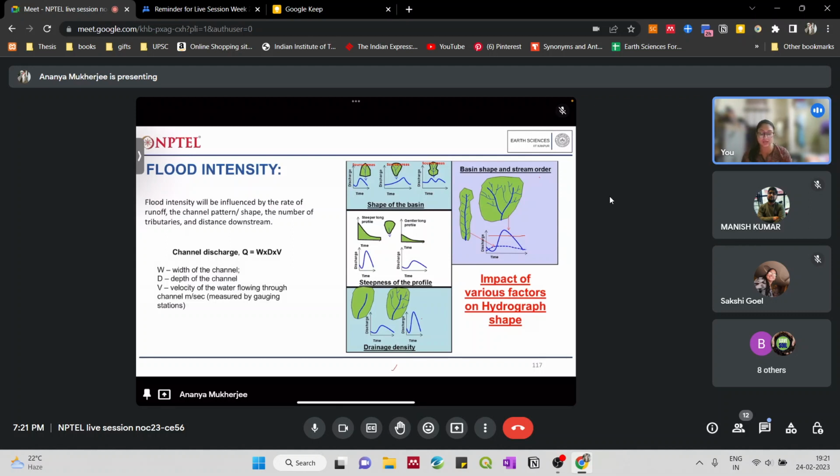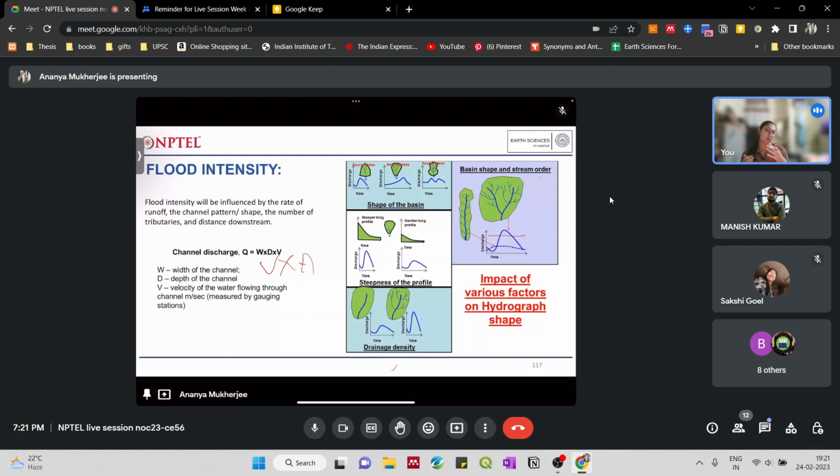Okay, so channel discharge is nothing but the velocity of the water that is flowing into the cross sectional area of the channel. So flood intensity is influenced by the rate of runoff, channel pattern and shape, number of tributaries, and the distance downstream. Suppose the slope is the steepness of the flow.